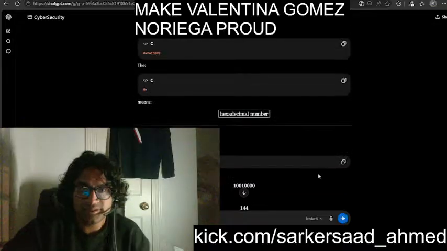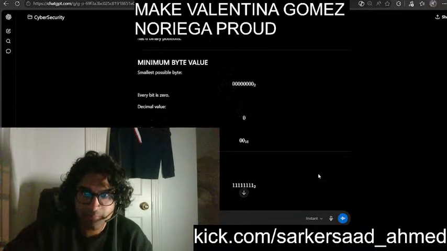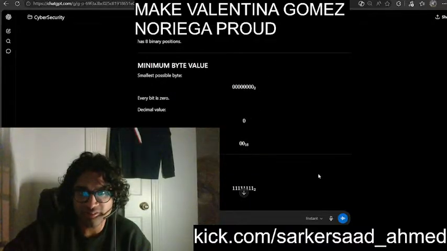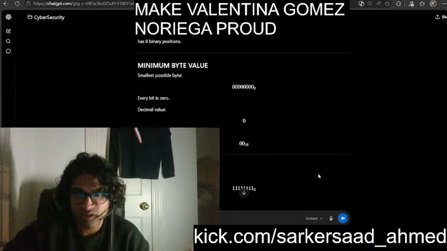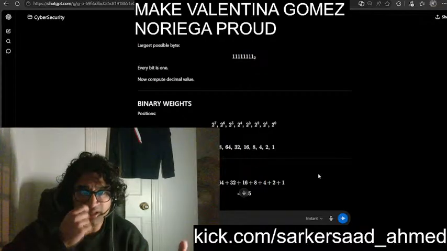All right. So one byte is 8 bits, so it can have 8 binary positions. The smallest value is 0. The decimal value will be 0, and the hexadecimal value will be 00 in base 16. Right? So hexadecimal is base 16, decimal is base 10, and binary is base 2.